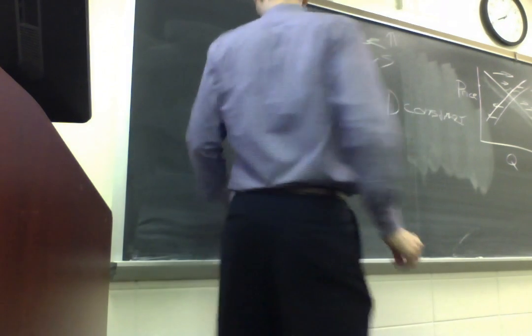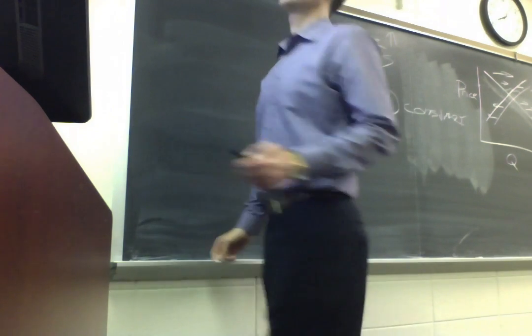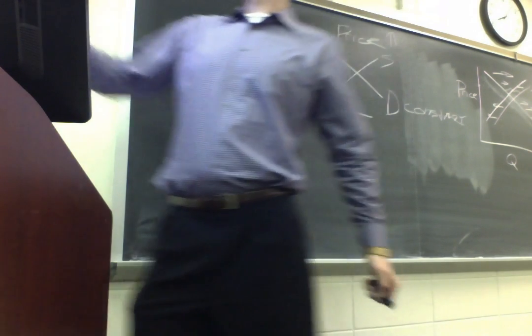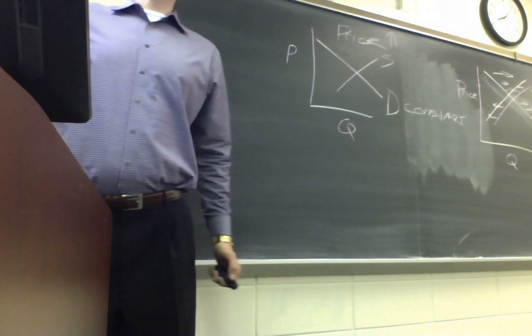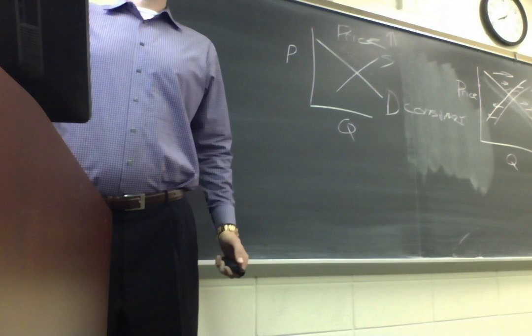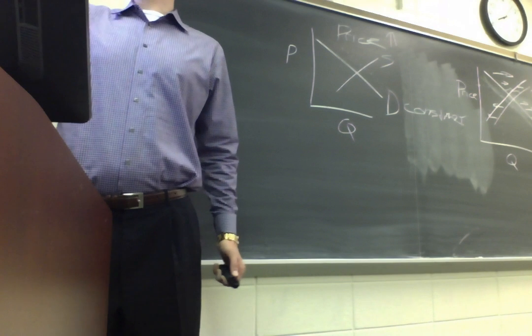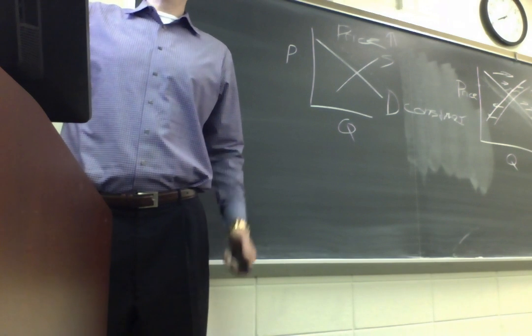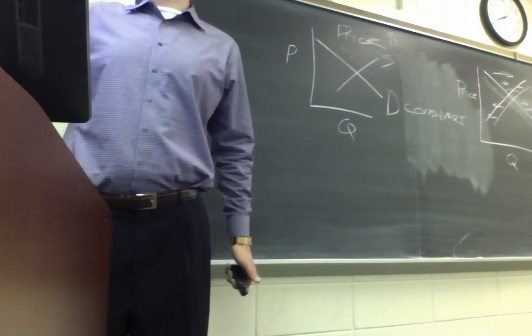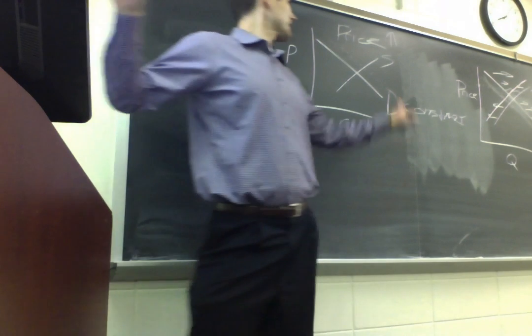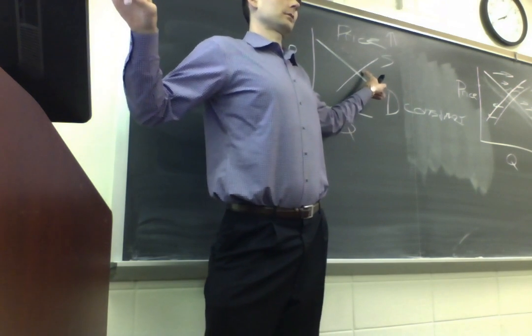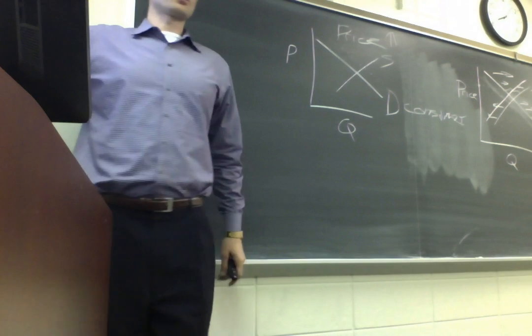When price increases, what happens to the marginal revenue product? It makes you more money. My last worker was able to produce one more unit. I used to be able to sell that for $70. Now I can sell it for $90. So what happens to my marginal revenue product?